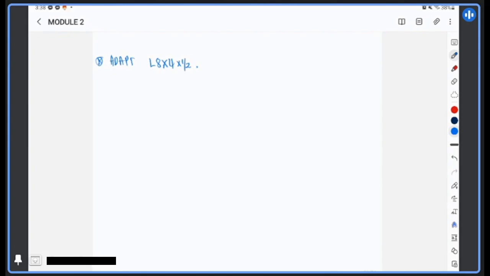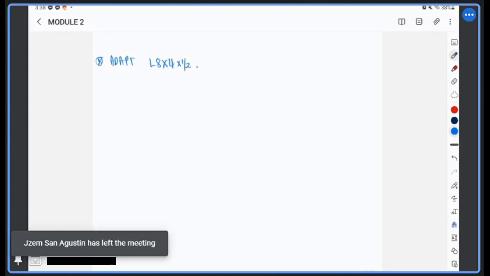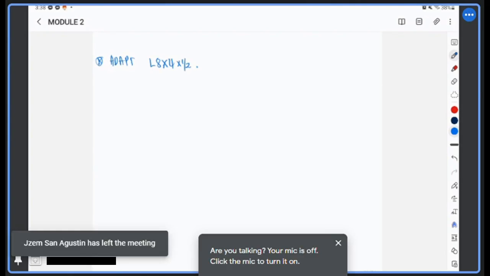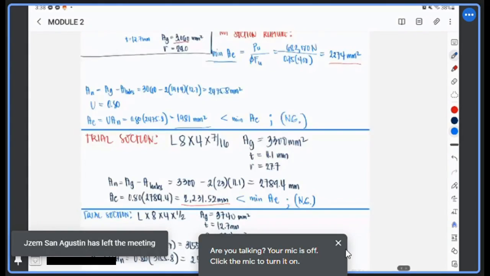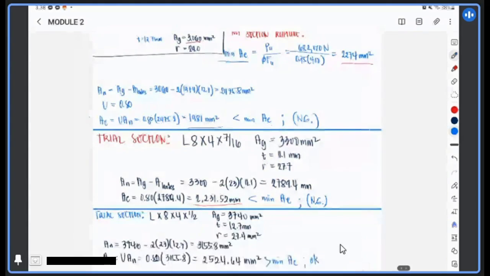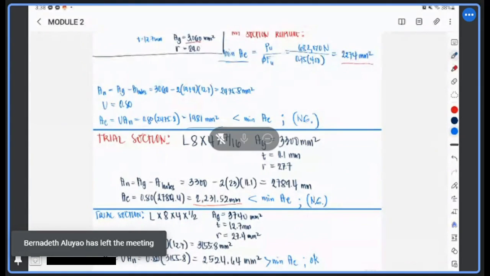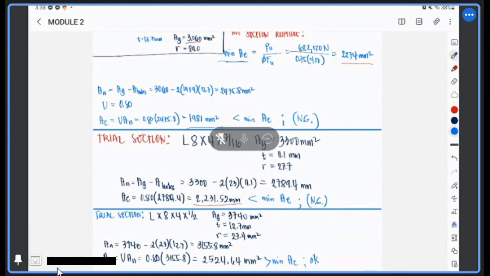Okay, design of purlins. What else? Do you have questions, guys? Kapag design sa inyong problem set, I will leave kung saan kayo magtitingin ng section lang.